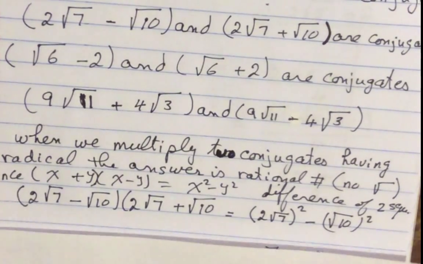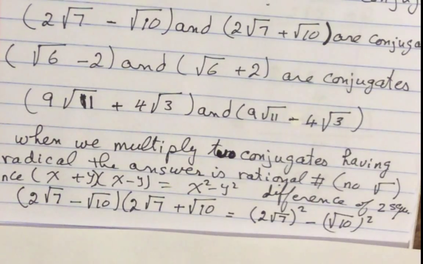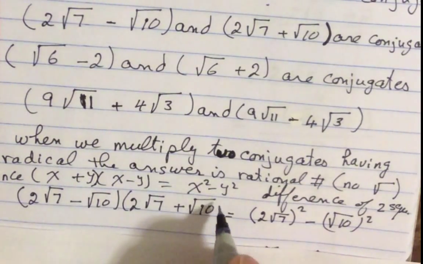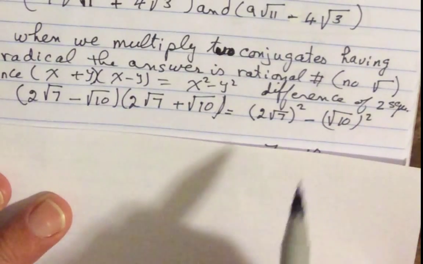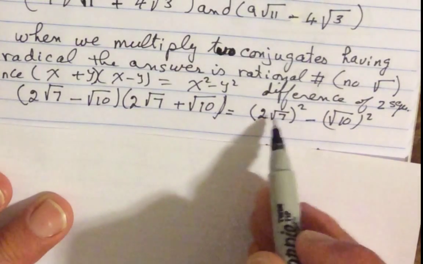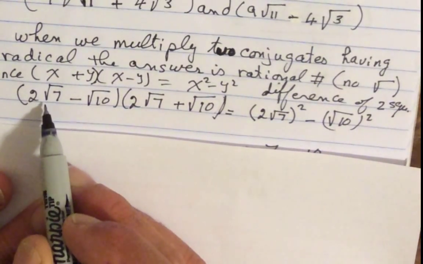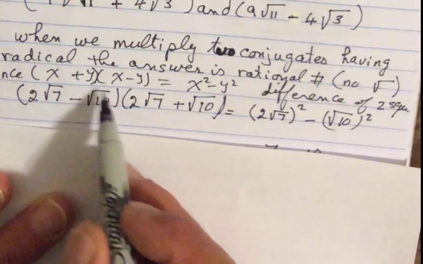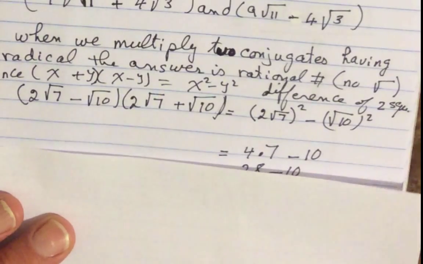Here's another example. If I multiply 2 square root of 7 minus square root of 10 by its conjugate, which is 2 square root of 7 plus square root of 10, the answer is going to be a difference of two squares. So it's the square of the first minus the square of the second. The first is 2 square root of 7. The second is square root of 10. So now we square each one of them.